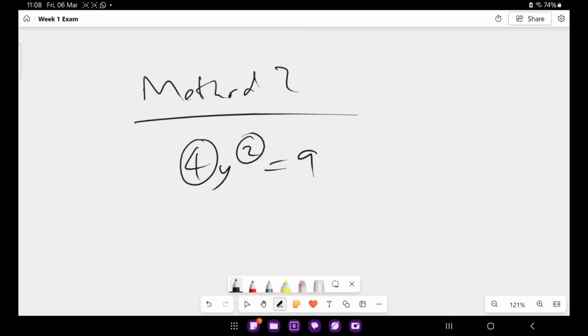So I have 4 and I have to remove the squared. So now I'm thinking, which is easier to remove right now? Is it 4 or is it the square? So in most cases, the furthest element is the easiest to remove.